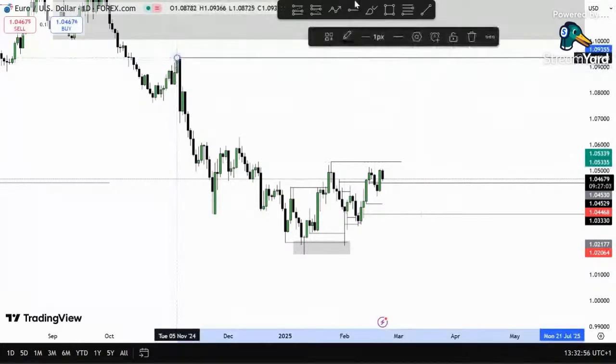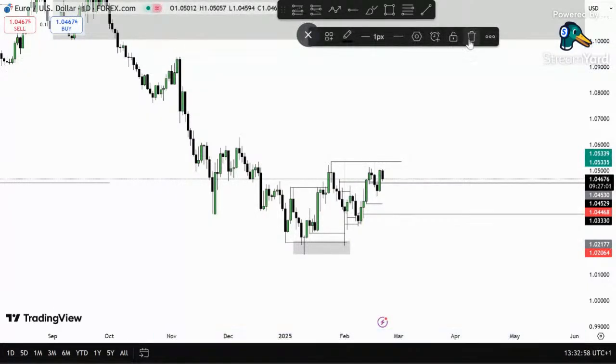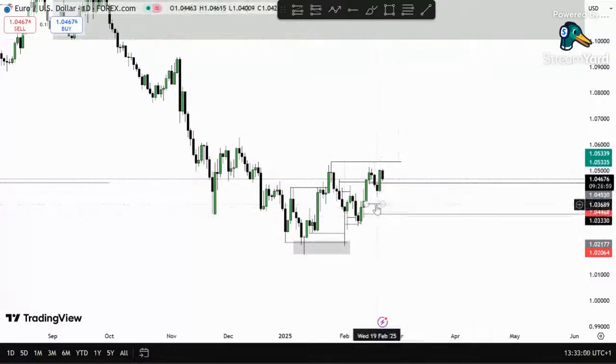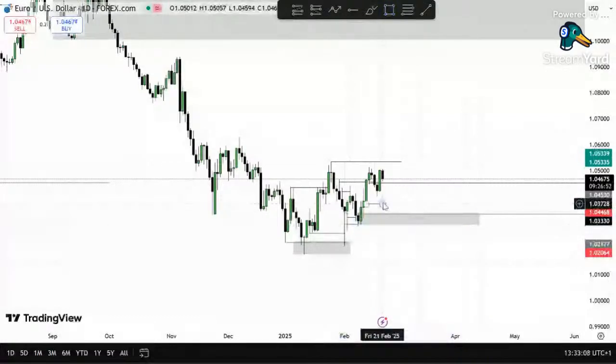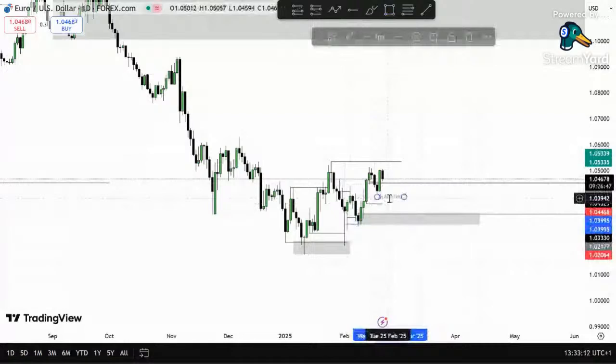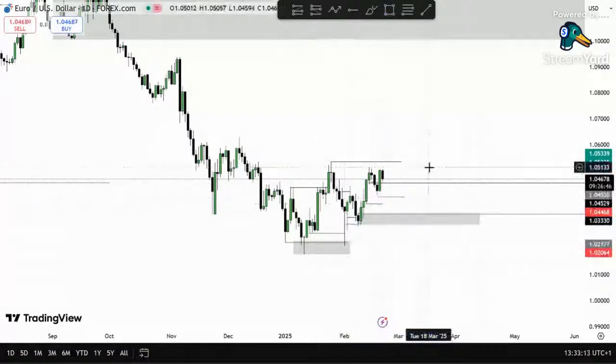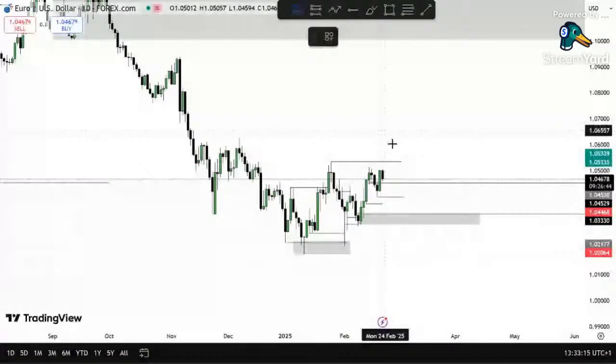The price needs to take out current. So I'm expecting a push, although this low might be a liquidity for this other block that's here. So I'm expecting buys basically for Euro USD.